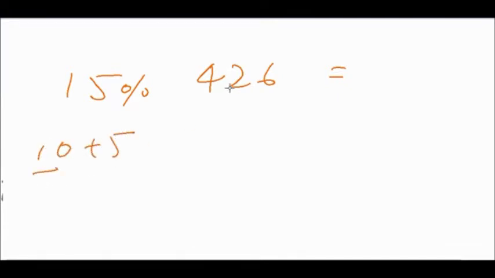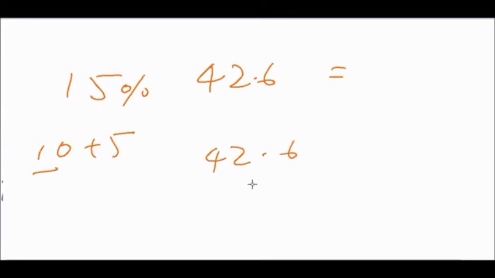Let's say we have to find 15% of a number, which is, let's say, 426. 15 can be divided into 10 plus 5. So 10% of 426 is 42.6, isn't it?